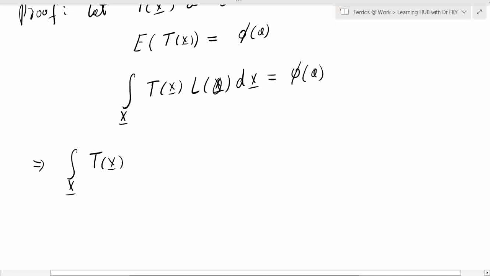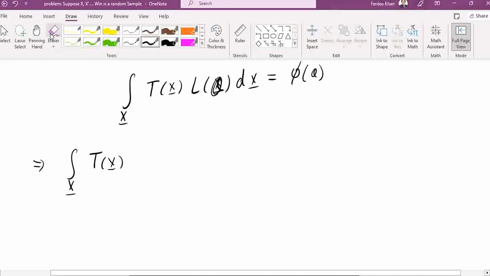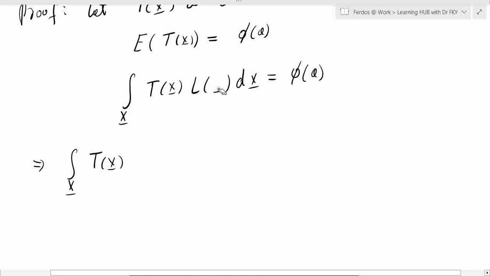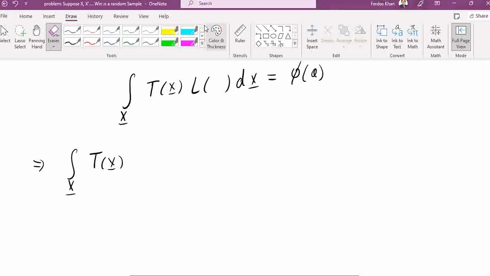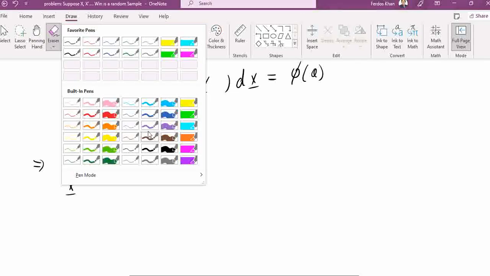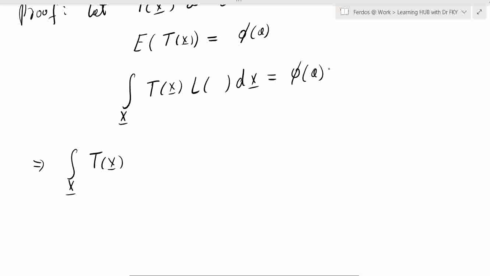This is of course a function of the sample observation and the parameter theta. But in the statement we mentioned this is a function of the parameter, so we can write like that. But you should remember this is a function of the sample observation and parameter theta. So now you can differentiate and apply this.